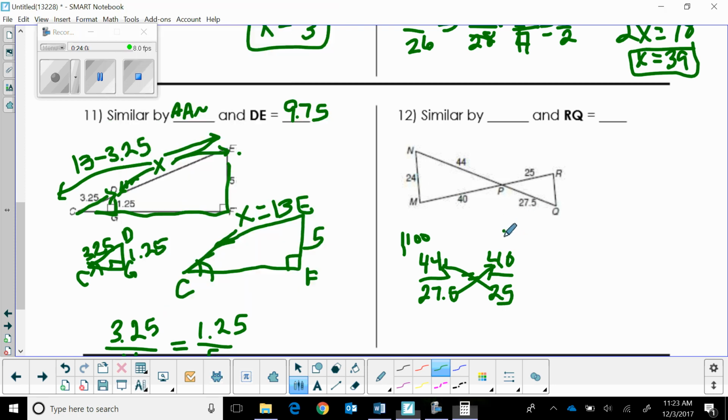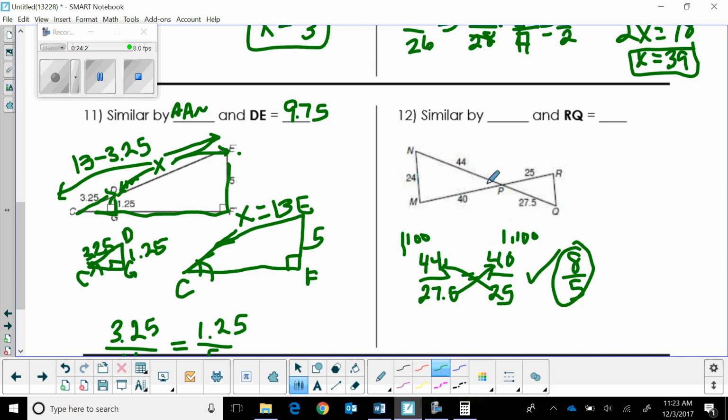And that is also 1100. So I know those proportions are equal. Okay, what is the ratio? Well, let's take the 40 over 25 and divide them by 5. So that's 8 to 5, 8/5 or 5/8, depending on if you're getting larger or smaller. That's the ratio of the sides.